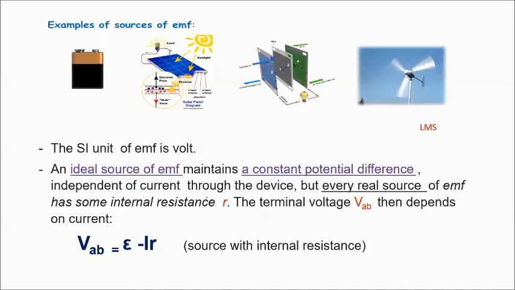As the unit of EMF is volt, the ideal source of EMF maintains a constant potential difference, independent of current through the device. But every real source, kasi sa ideal source of EMF, V is equal to EMF, no?